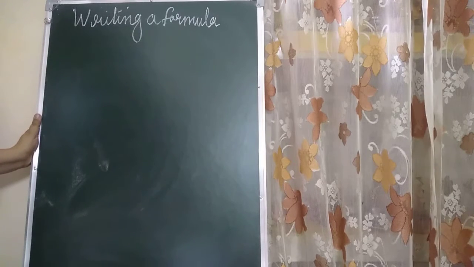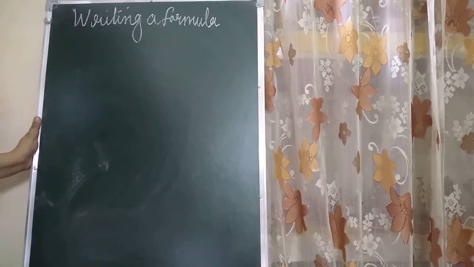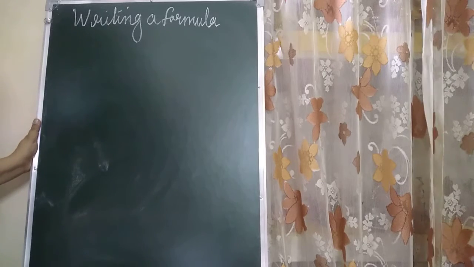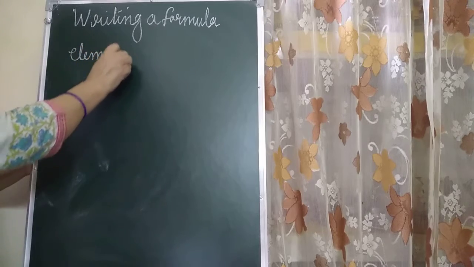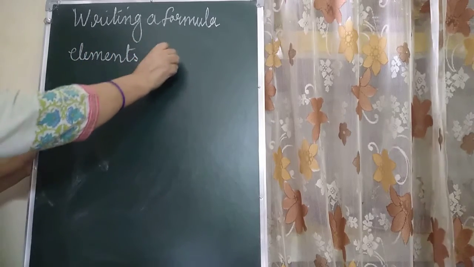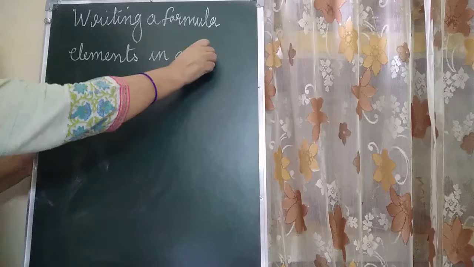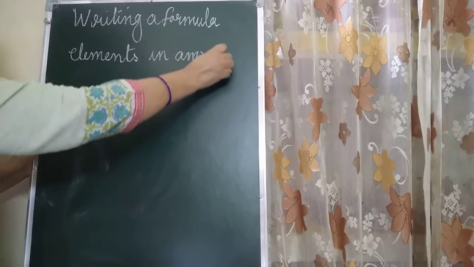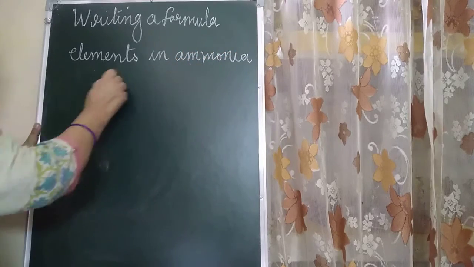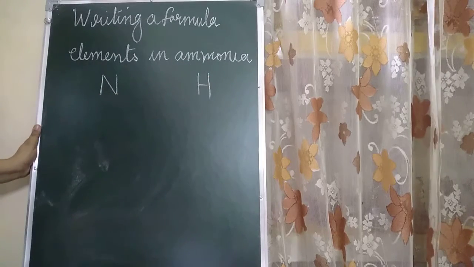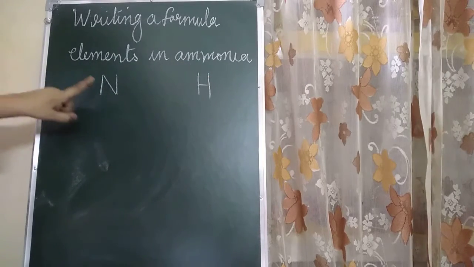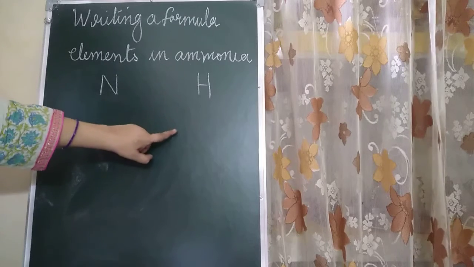So if we take the example of ammonia, the elements in ammonia are nitrogen and hydrogen.